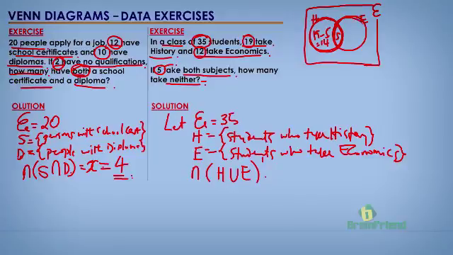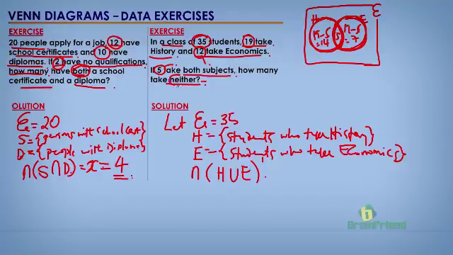Let's also consider the region for economics. In total, 12 students take economics. But remember again, 5 take both history and economics. It therefore means that this region left over would be 12 minus 5 students, which would give us 7. So we have 7 students in this region.